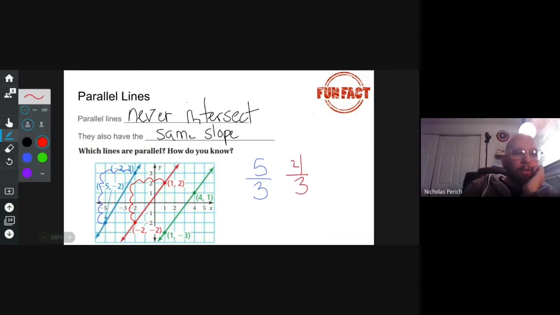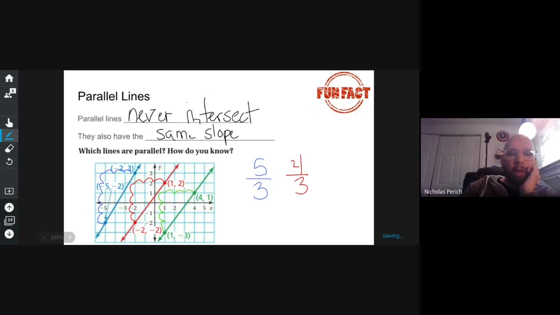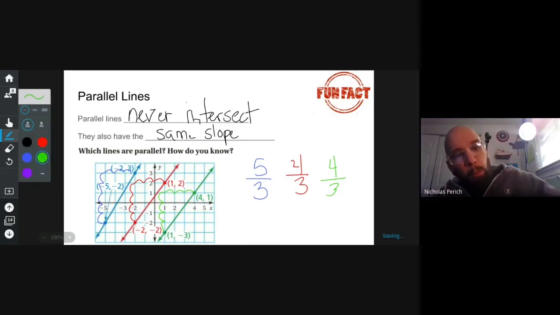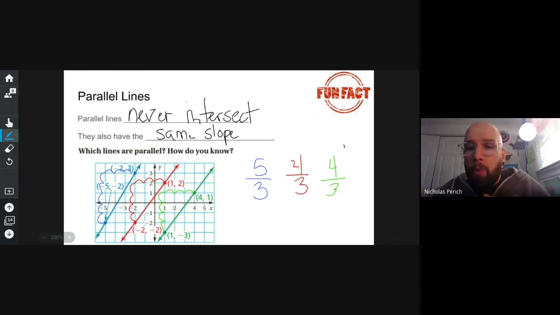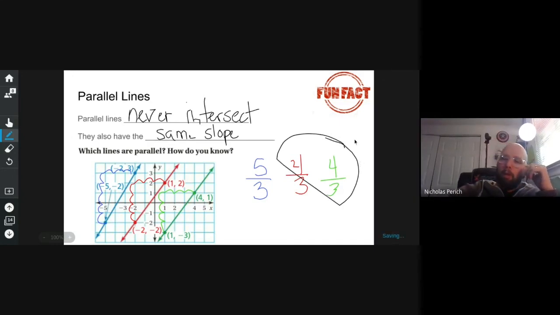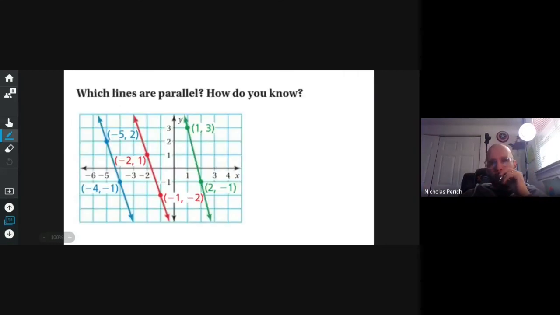And the green slope, I start at that dot and go up 4 over 3. So which slopes are parallel? The blue one, not the blue one, just kidding. The red one and the green one, because they have the same slope. This lag is really bad, and I just made it worse.